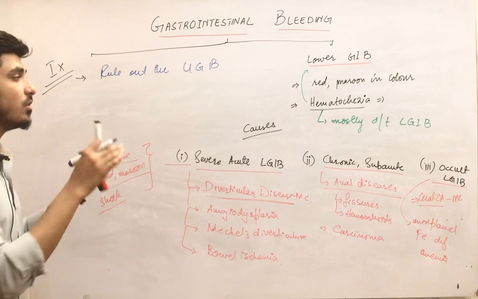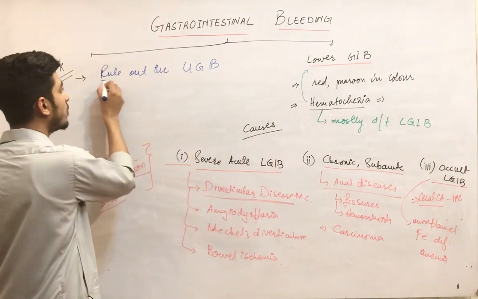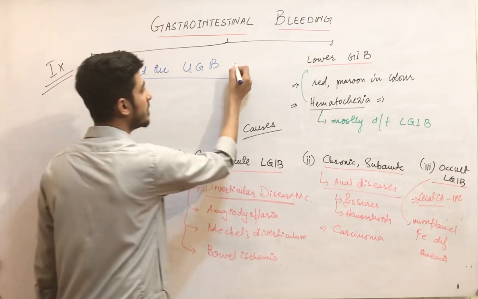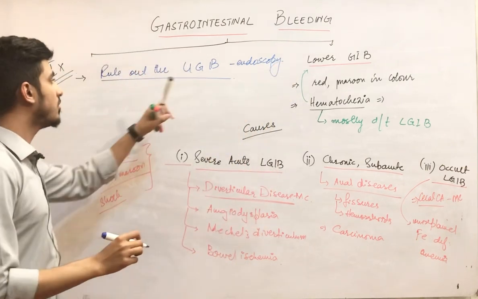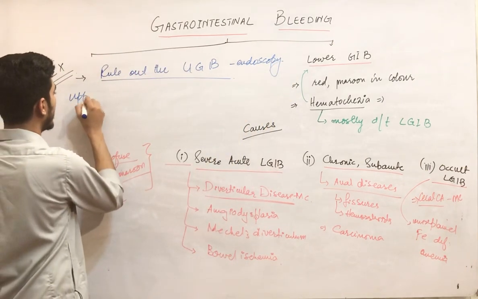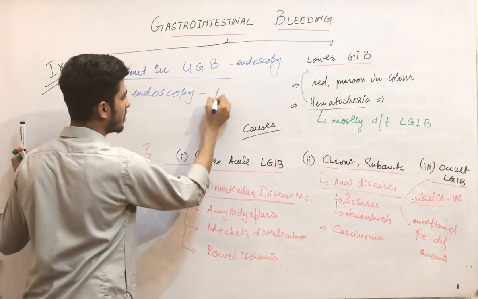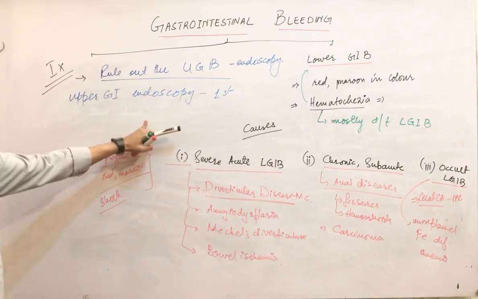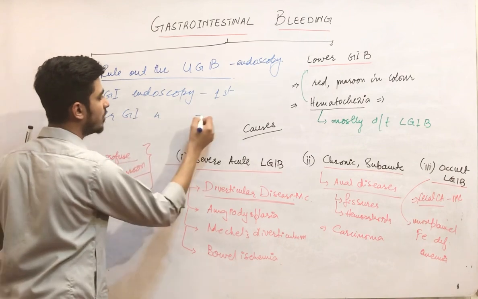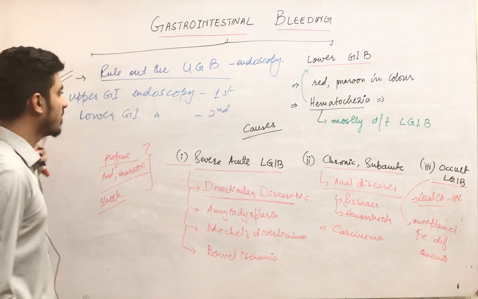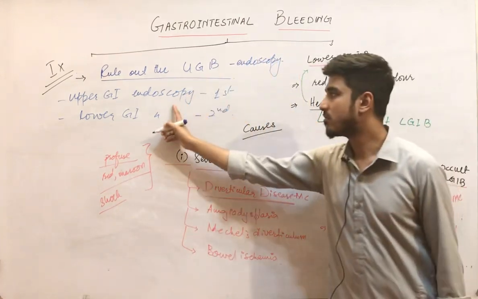So if the patient is complaining of blood in the stool, first of all you have to rule out upper GI bleeding simply by doing endoscopy. First of all you will do upper GI endoscopy. So first thing you have done is this upper GI endoscopy. After that, second thing, similarly you will do lower GI endoscopy.